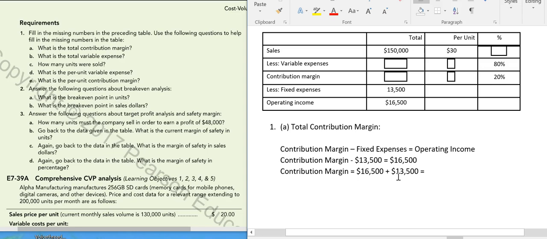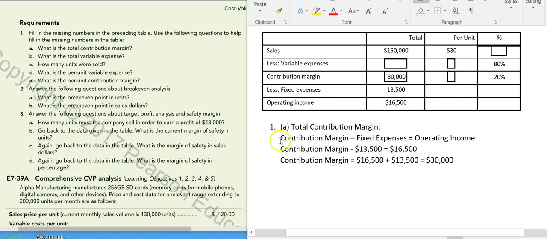If you add these two, please take your calculator and do it with me. I found our contribution margin is 30,000, and that's our question number A.